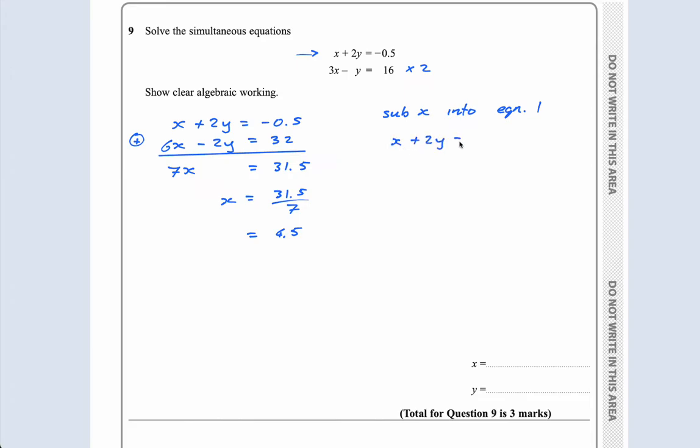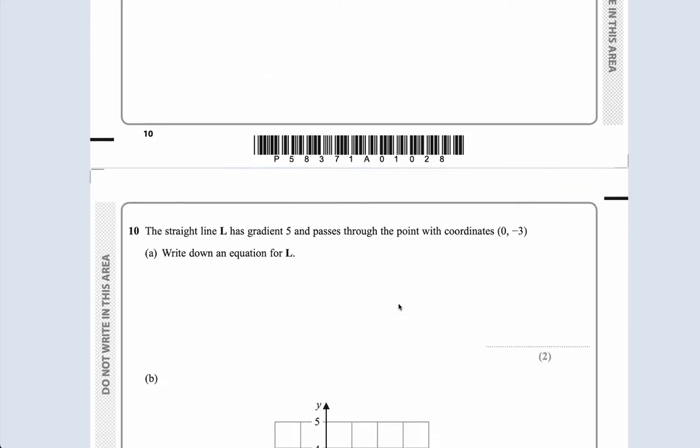X plus 2y equals minus 0.5. I'm subbing 4.5 for x. 4.5 plus 2y equals minus 0.5. 2y equals this minus this, which is negative 5. Use your calculator if you're in doubt, guys. And then y is negative 5 divided by 2, negative 2.5. That's my answer. X is 4.5. Y is negative 2.5. Okay, question 10.